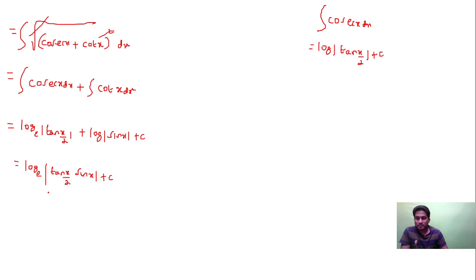I can also write this as log of tan can be written as sin by cos. So this is sin x by 2 upon cos x by 2. Sin x can be written as 2 sin x by 2 and cos x by 2.